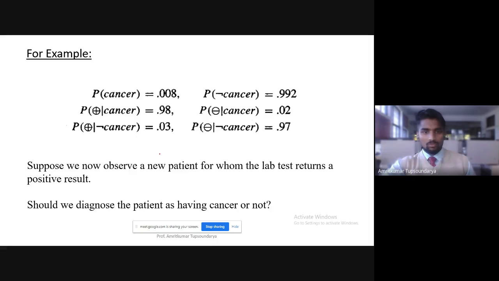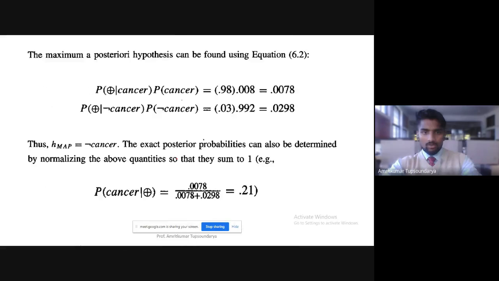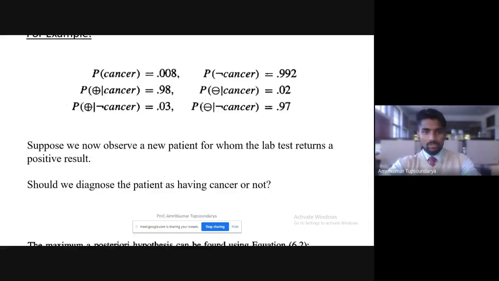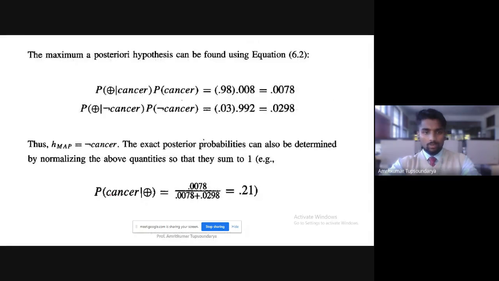We asked whether we should diagnose the patient as having cancer when the lab result is positive. Computing the probability of having cancer given a positive test, we got 0.21, roughly 21 percent.